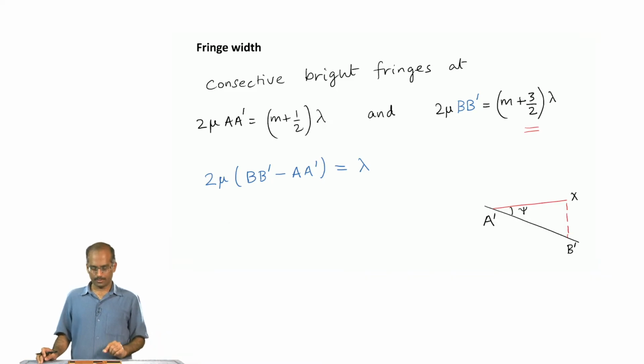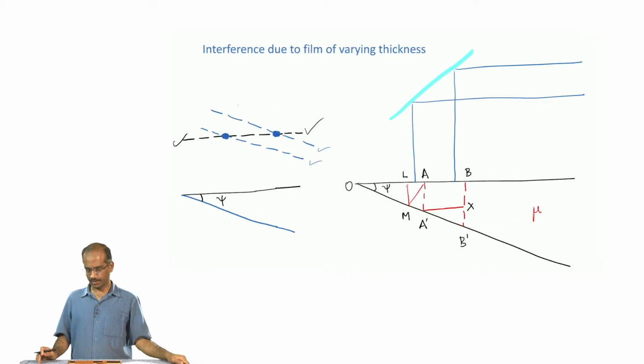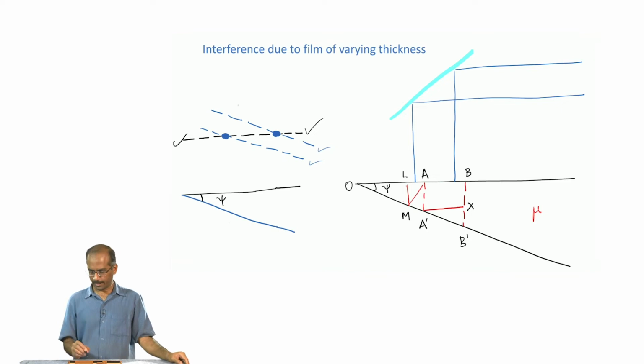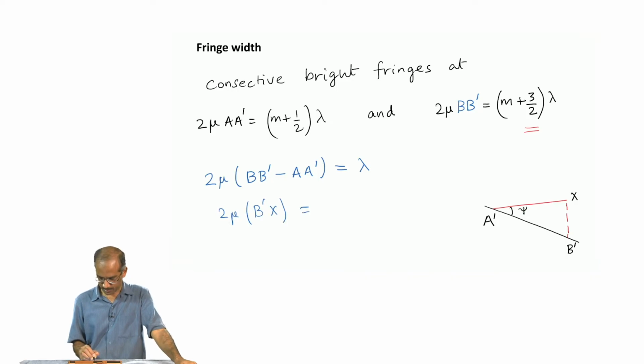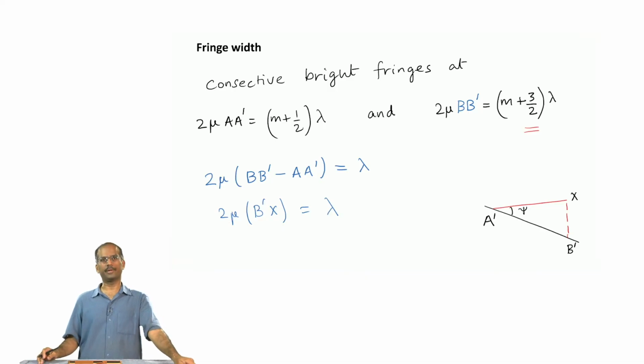What is BB prime minus AA prime? Let us look at this figure here. BB prime minus AA prime will be equal to B prime x. So, let me plug in that value here. This will be B prime x, and that is equal to lambda.